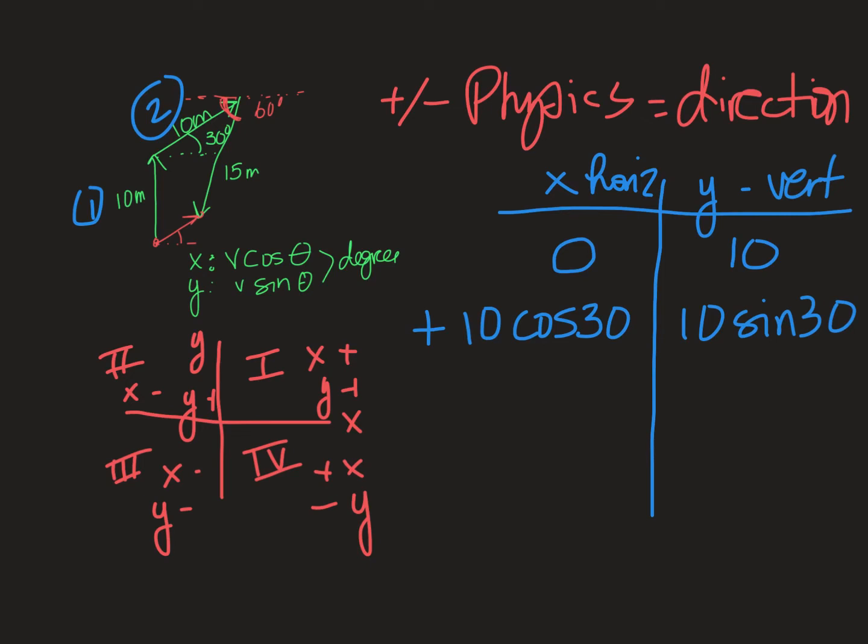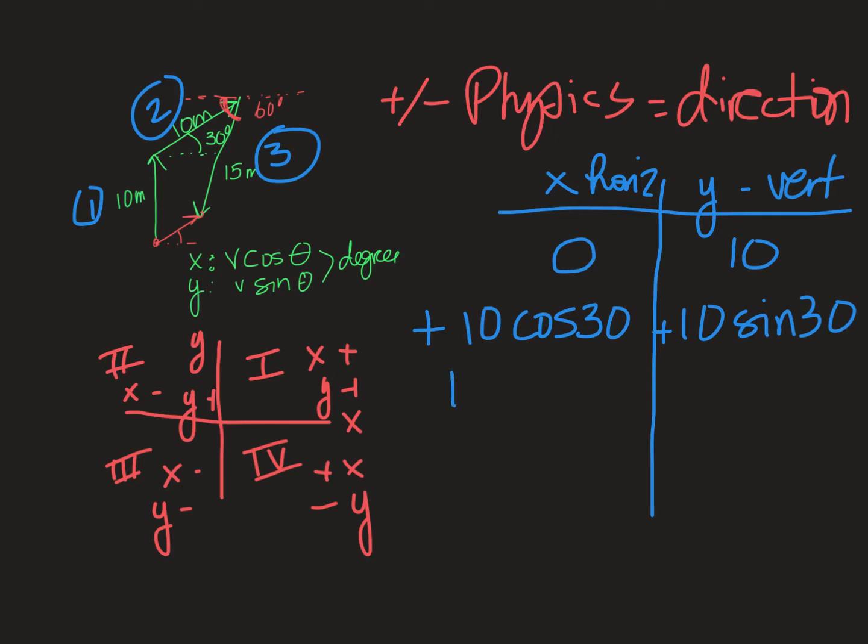And then, is this guy going up or is he going down? See the arrow pointing in the up direction? So up, positive y direction. So we're going to deliberately make this positive. All right, then our last vector. Okay, that one's 15 at 60 degrees.